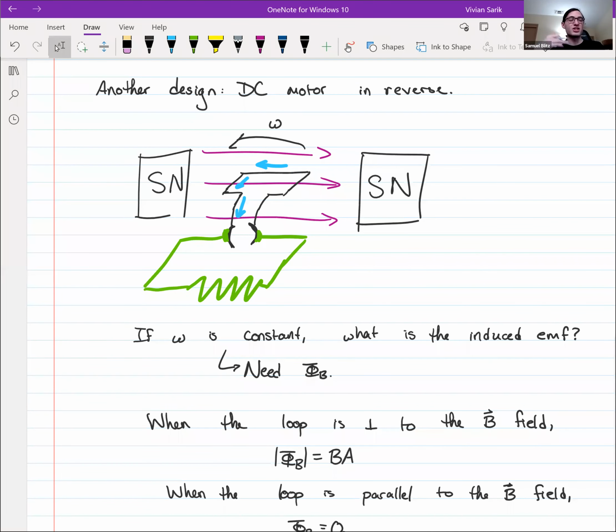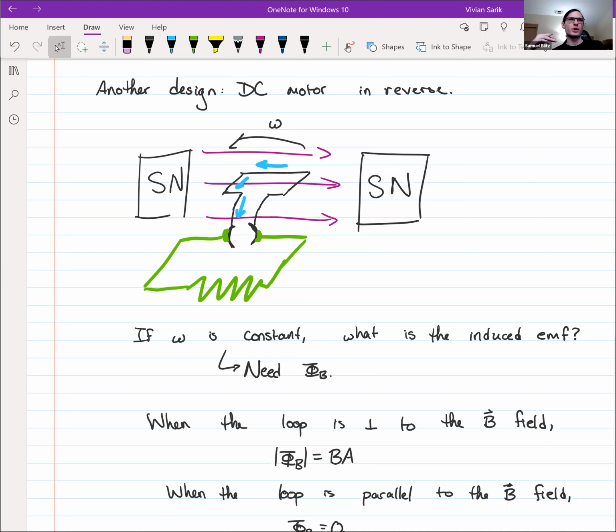And so actually this induced current reduces the current that you put in. So it uses up some of the current. That's why a DC motor actually requires energy in a sense, because there's this effect that acts to slow it down unless you provide more and more energy. And so that induced current that opposes the current you're already providing, that's called back EMF. You'll hear that phrase a lot.